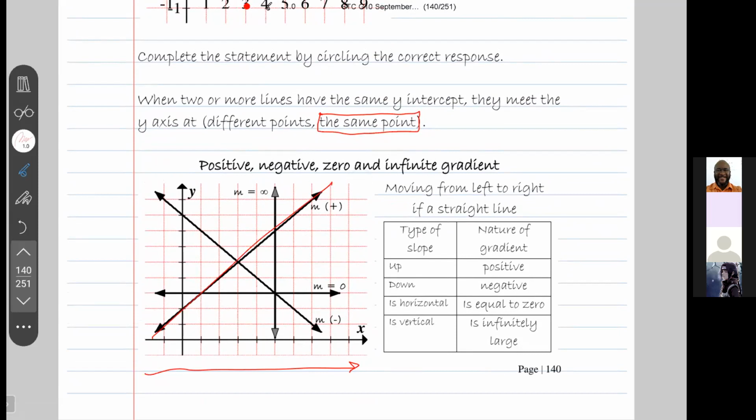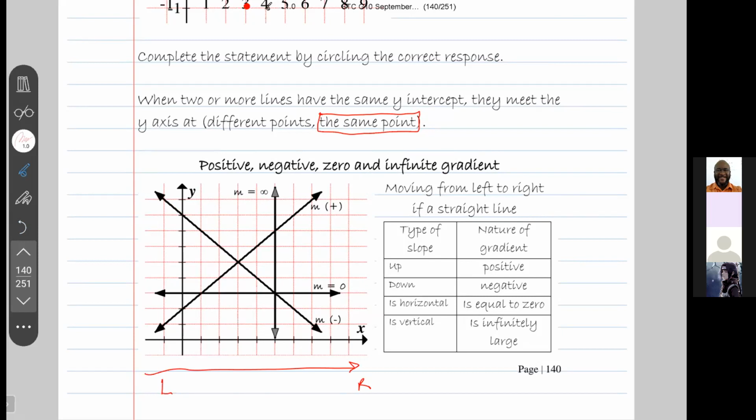If the line slopes down, its gradient is negative. If the line is horizontal, its gradient is 0. If the line is vertical, its gradient is infinitely large.